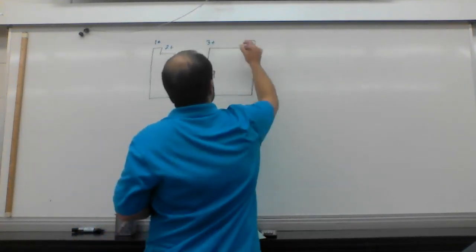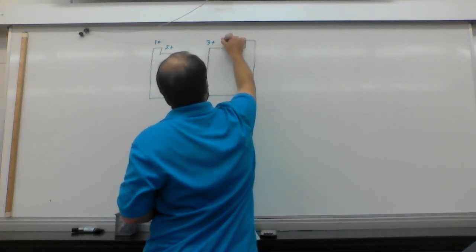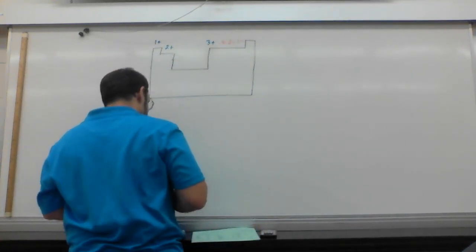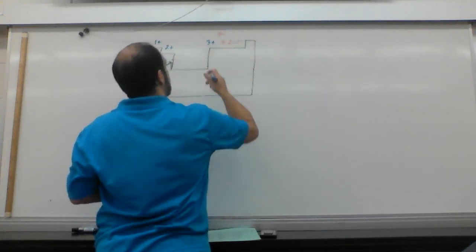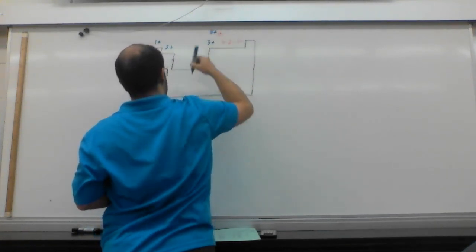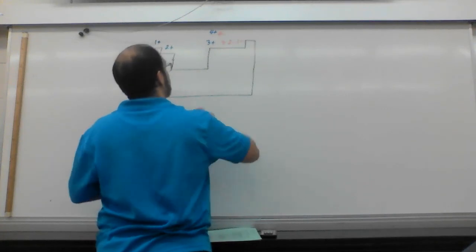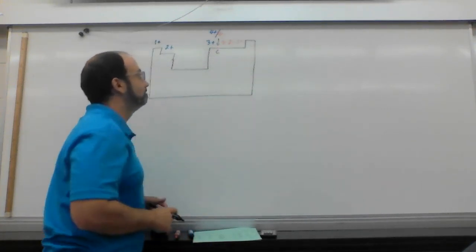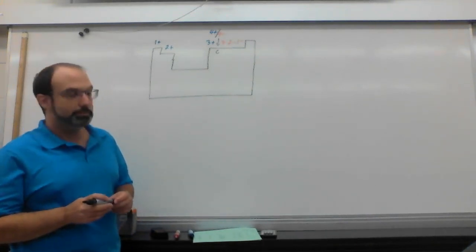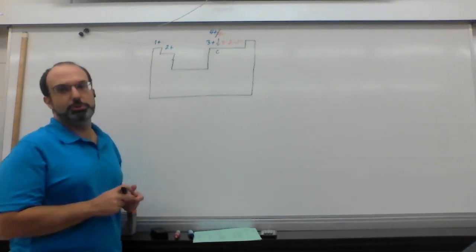And then these ones were going to be 1 minus, 2 minus, 3 minus. And then, of course, right in the middle, you get your 4 plus and or minus, because it can go either direction. That's the guy right in the middle. That's good old carbon.